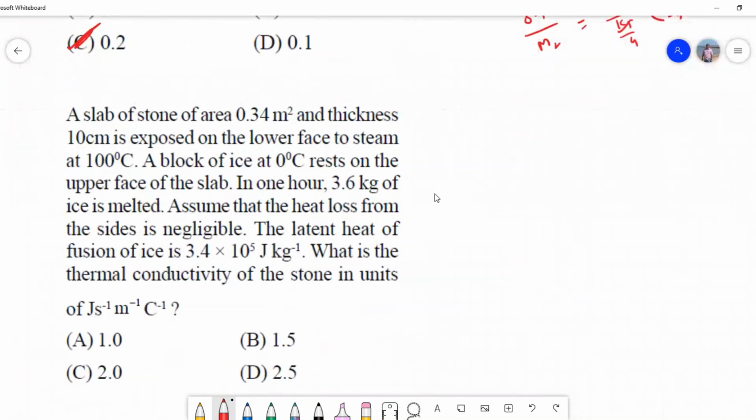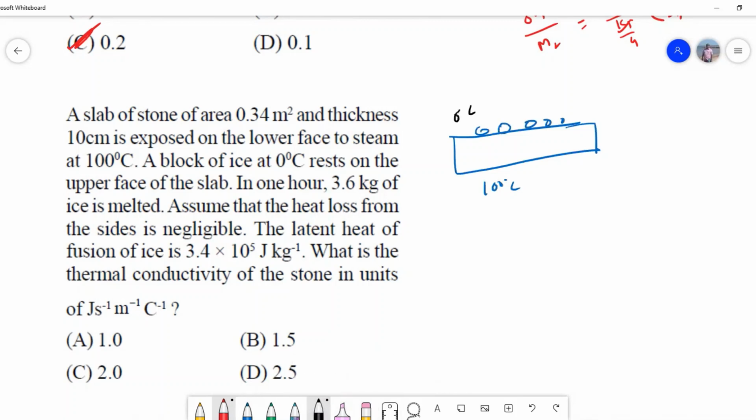A slab of stone of area 0.34 meter square and thickness 10 centimeter is exposed on the lower surface to steam at 100. A block of ice at 0 rests on the upper surface of the slab, and in 1 hour 3.6 kg of ice melted. So let's draw the diagram. This is the block here maintained at 100, and here some ice is placed.